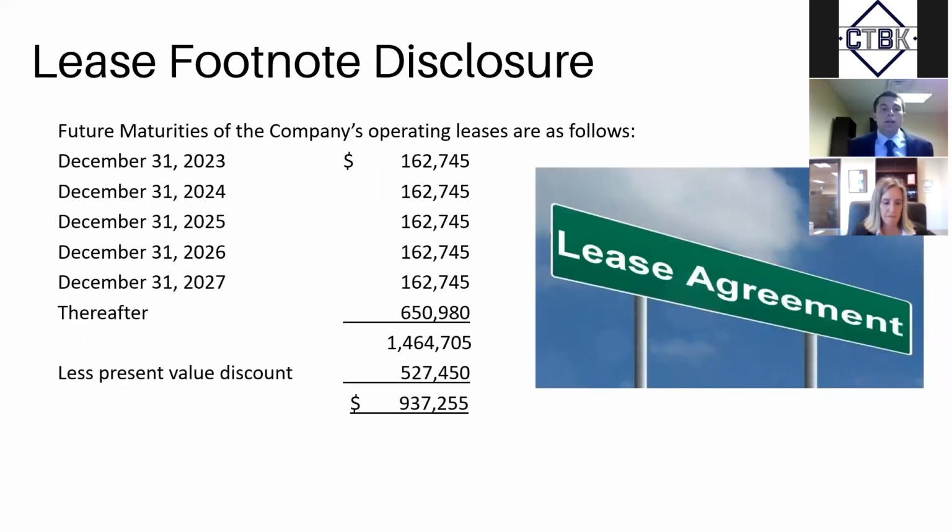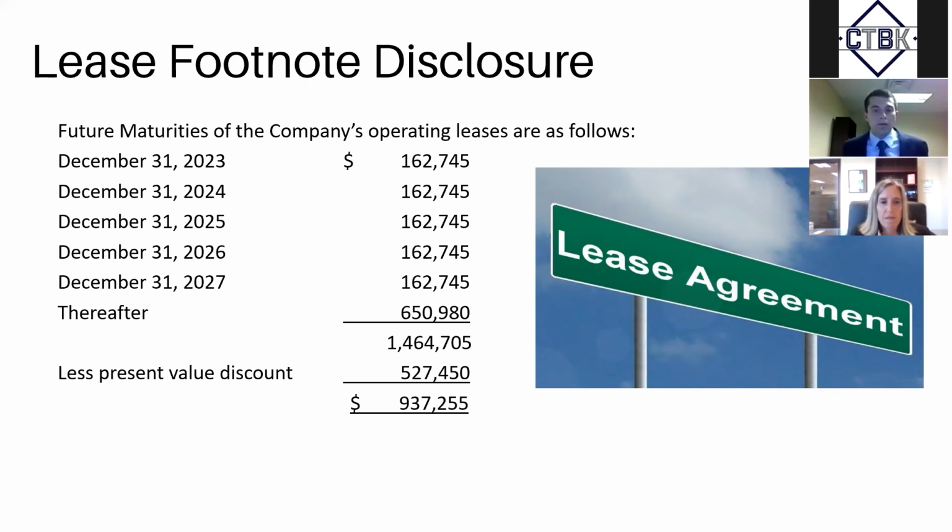And last, an undiscounted maturity analysis for the next 5 years is required to be disclosed with a reconciliation of the present value discount to tie back to the ending balance of the lease liability. So again, in our example, we assumed that annual payments were $162,745.